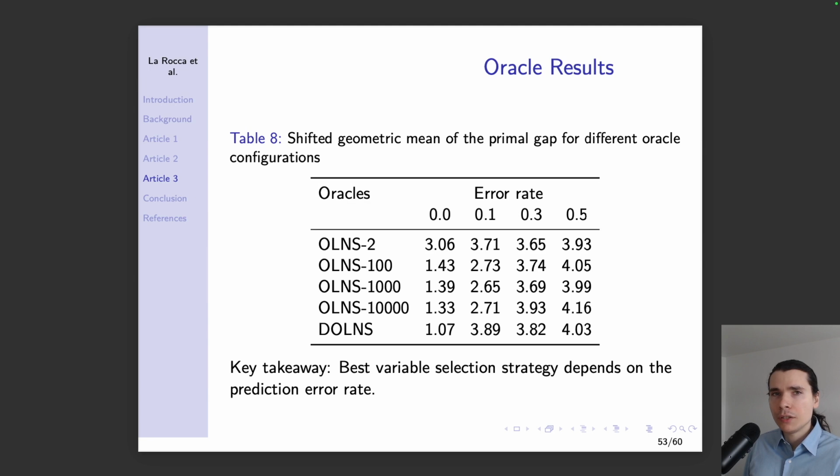In this slide, we compare oracles that have different levels of stochasticity. The LNS is perfectly deterministic, and as we go up, the models, I should say the algorithms, are more and more stochastic. We can see that for an error rate of 0, the best performing algorithm is the LNS, as expected.